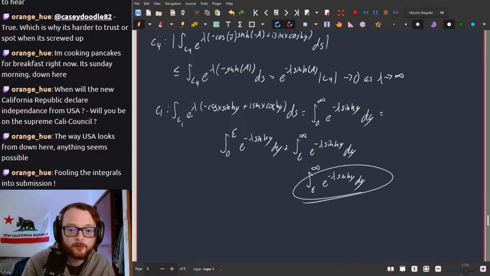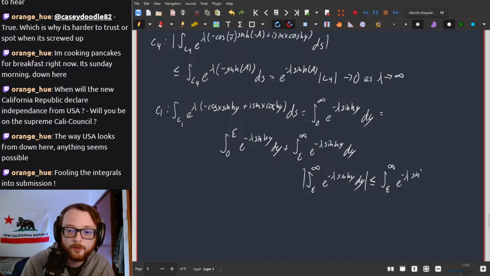So this integral, the best this function on the inside can ever be, the highest value I can ever have, is when y equals epsilon. So it's bounded above by e to the minus lambda sinh of epsilon. But now this is just a constant with respect to the integral.